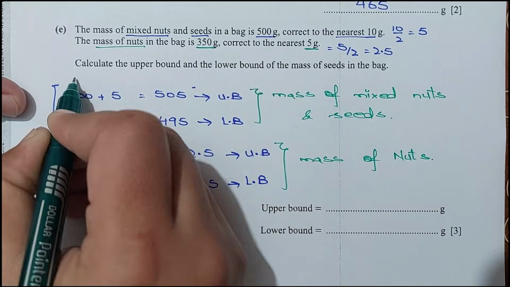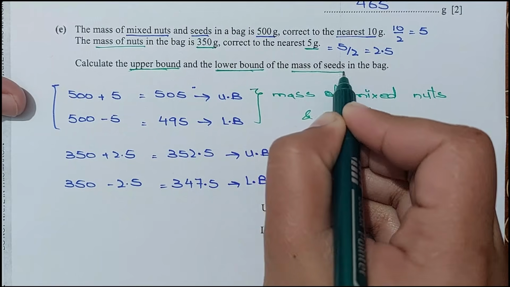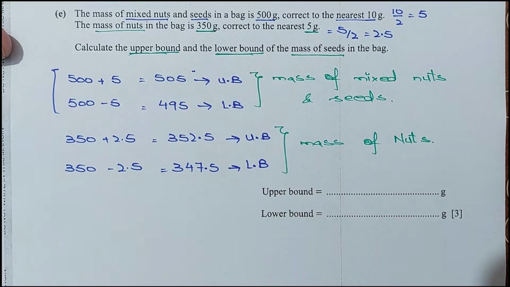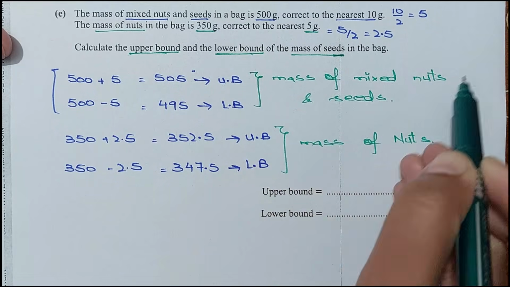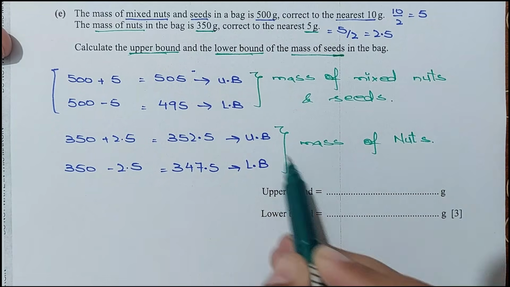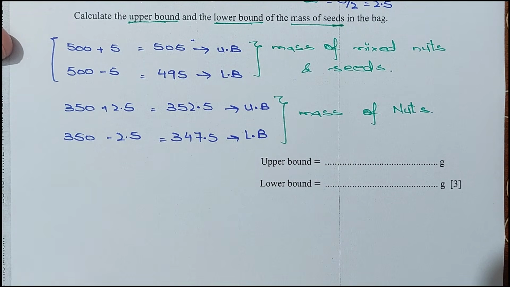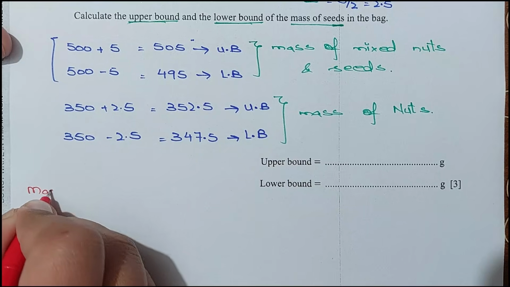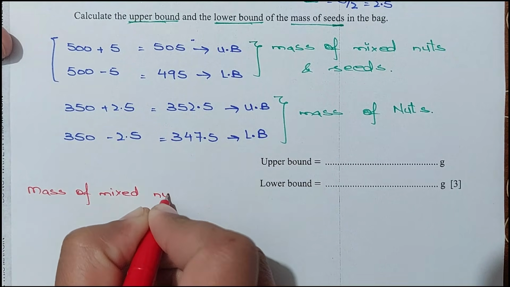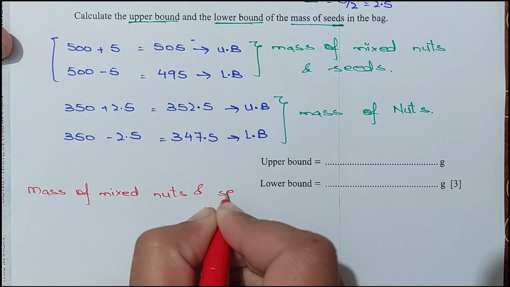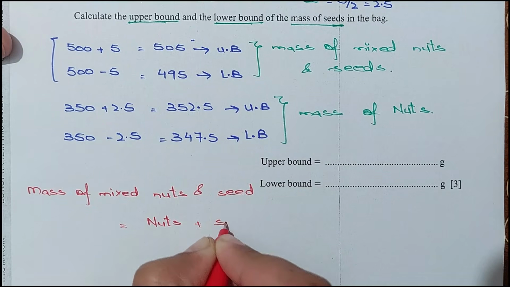All right, calculate the upper bound and the lower bound of the mass of seeds in the bag. Because this is the mass of the nuts and seeds, and this is the mass of nuts, we have to find it for the seeds. Let me write this down. The mass of mixed nuts and seeds equals nuts plus the seeds.